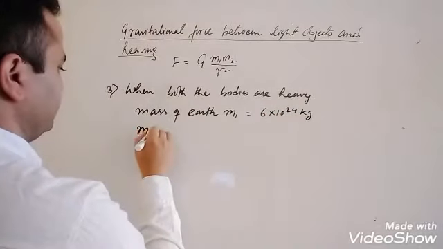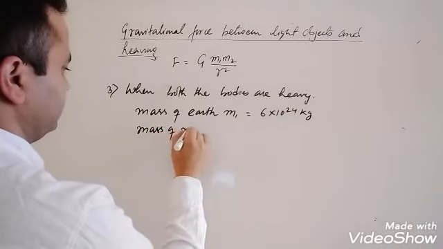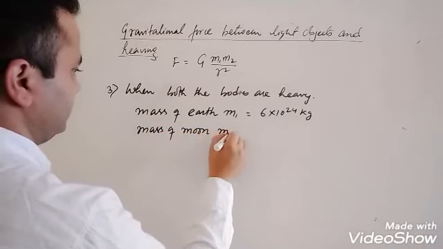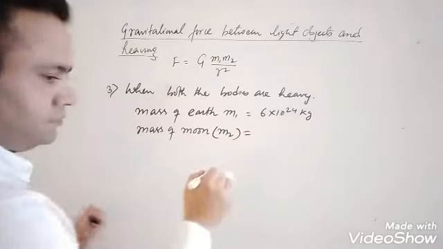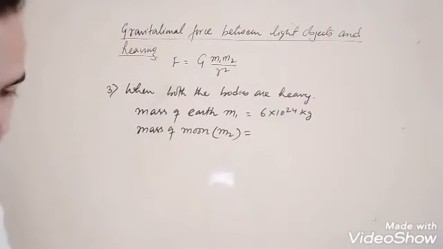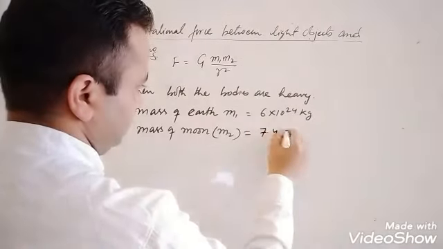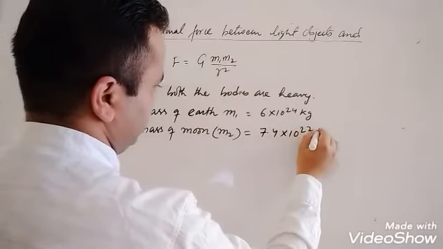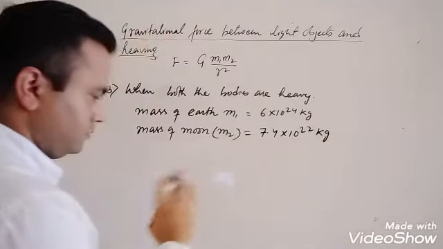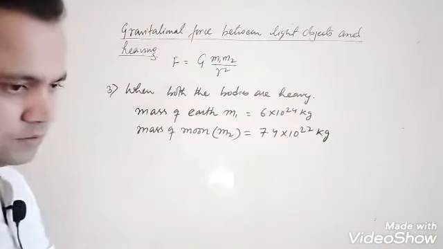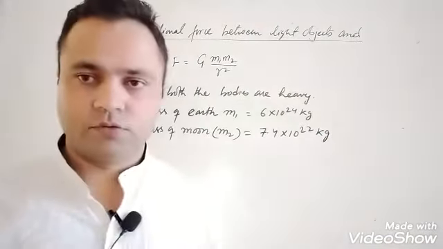And mass of Moon, M2, is 7.4 into 10 to the power 22 kg. Now we have to consider the distance between Earth and Moon.